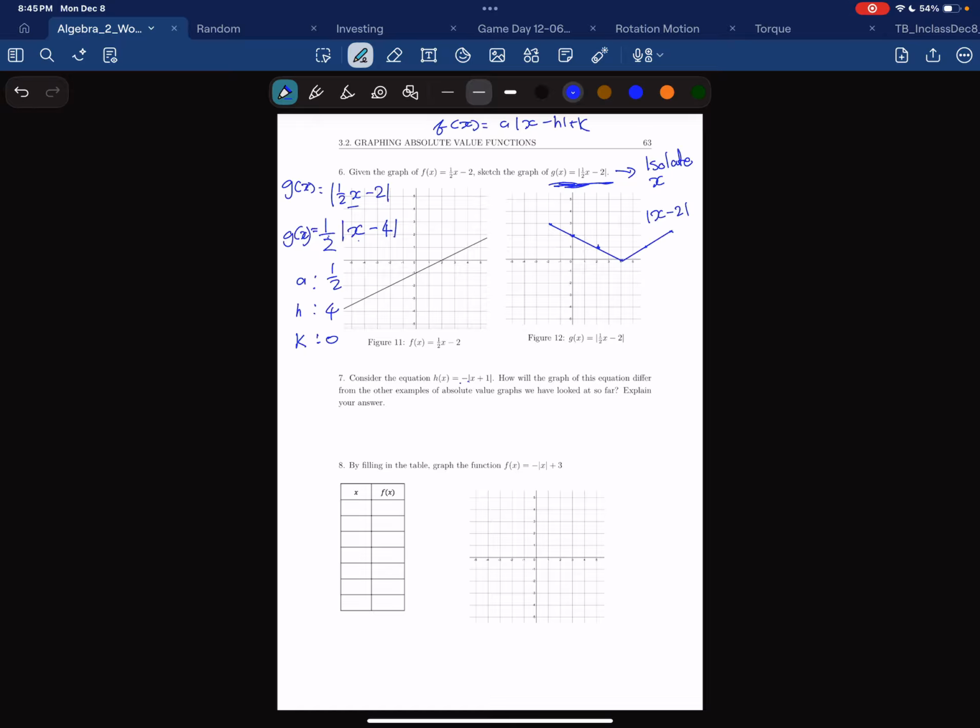He says consider the equation. How will the graph of this equation differ from the other examples? Well, you see, if I have a negative there, it's basically saying if A is negative, right?